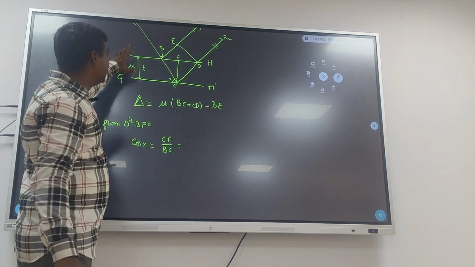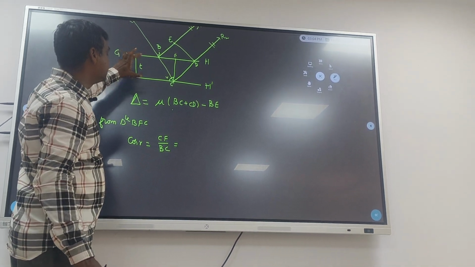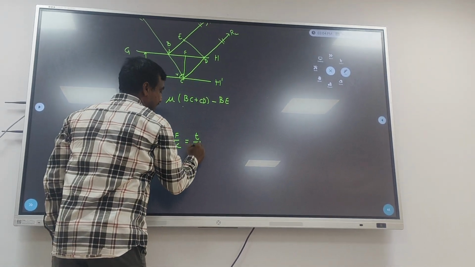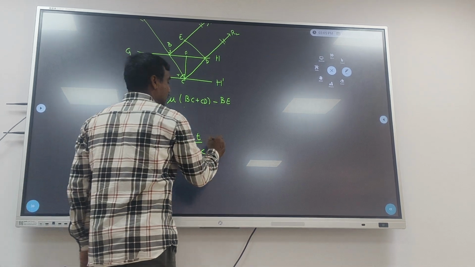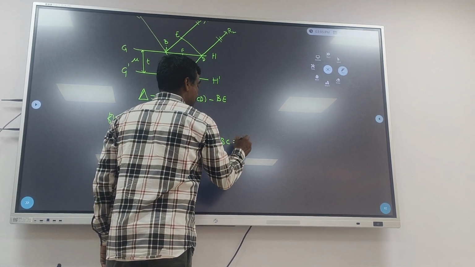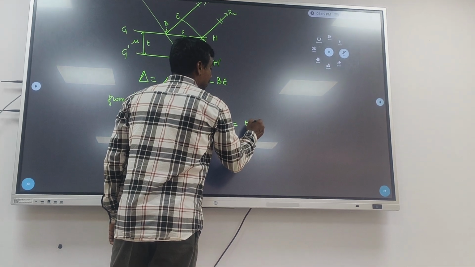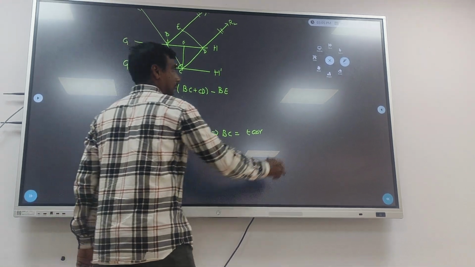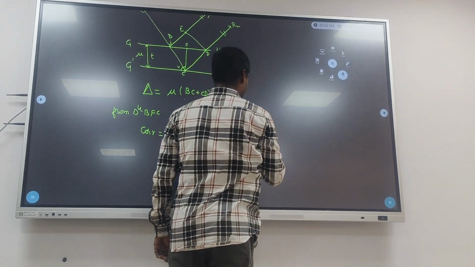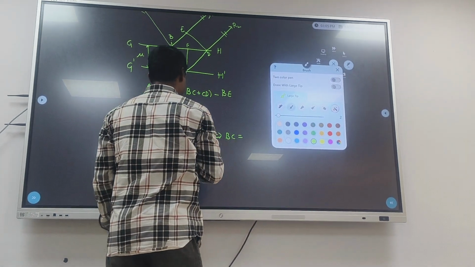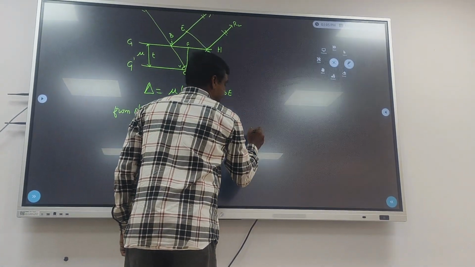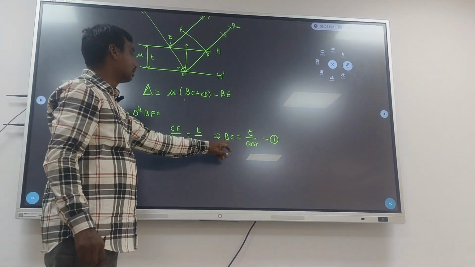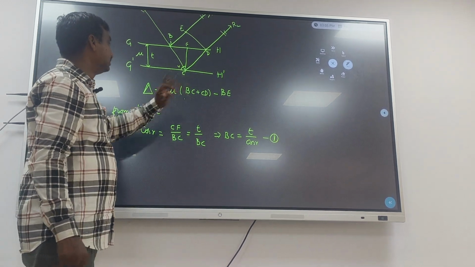We know that the distance between the two thin films is small t, and we don't know the value of BC, so BC is equal to t by cos r. This is equation number 1.